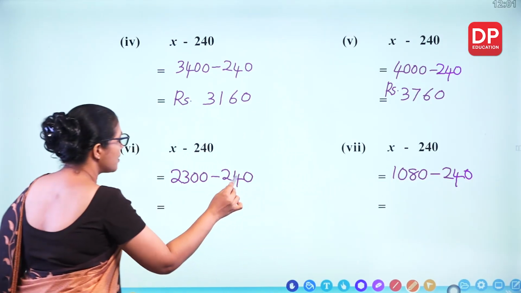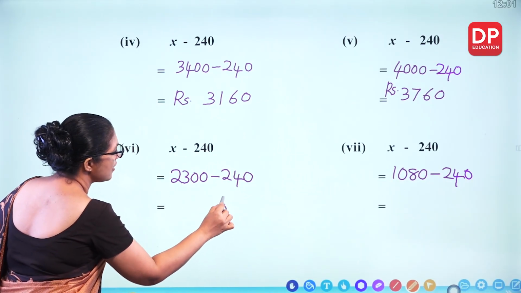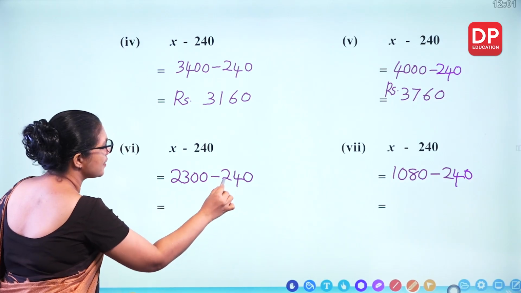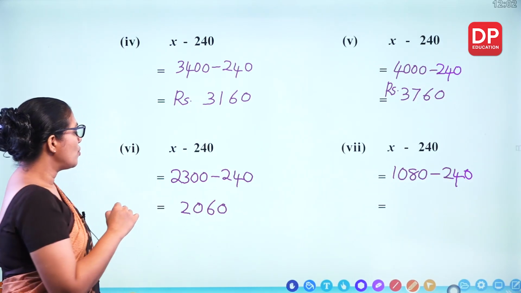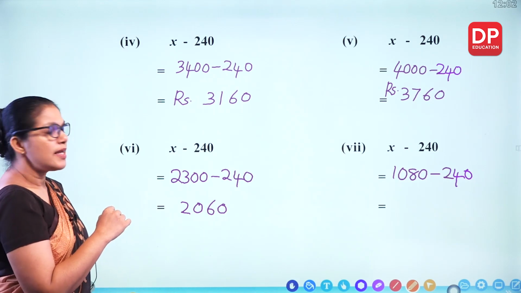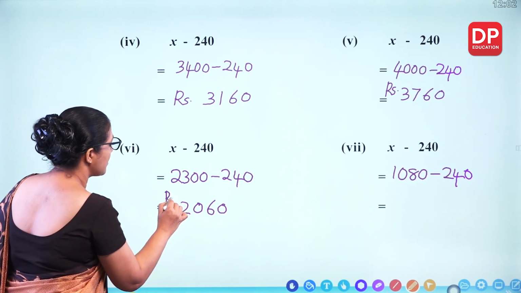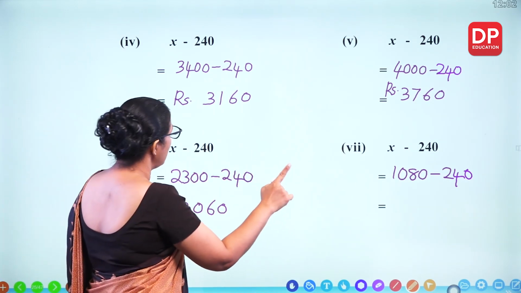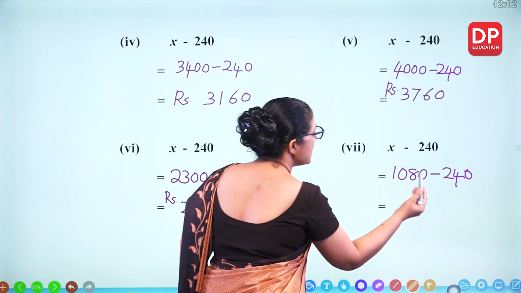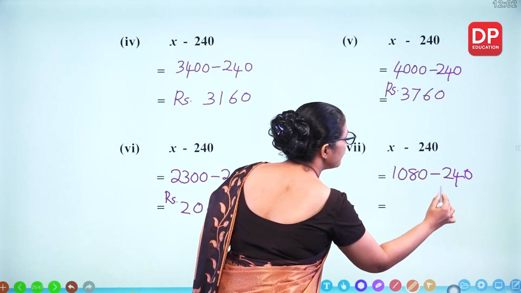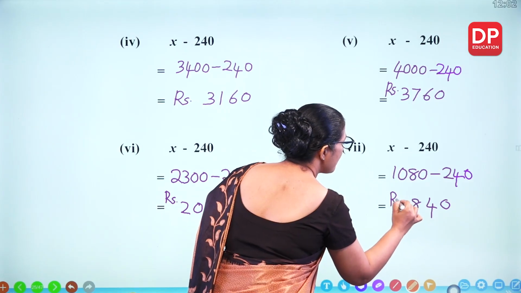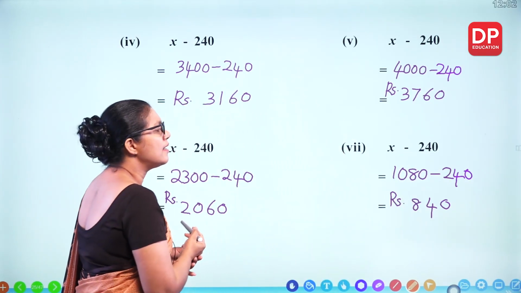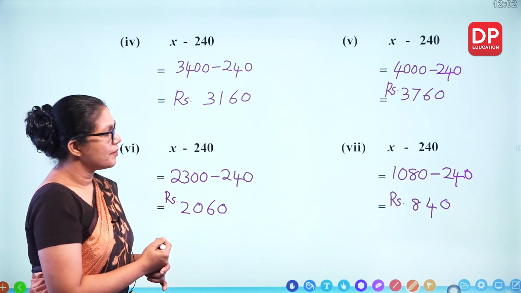So substitute and subtract now. 2060 rupees is the saving. If the earned amount is 1080, subtract, you get 840 as the savings amount.